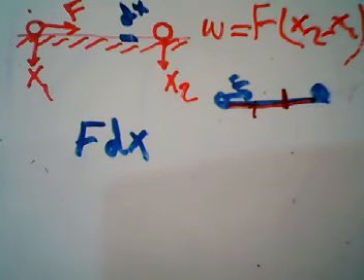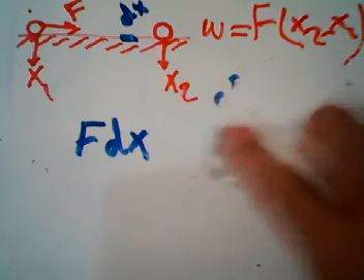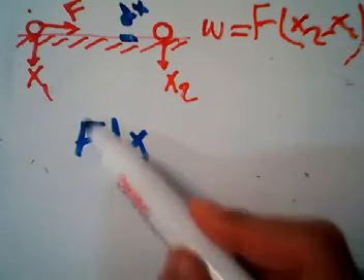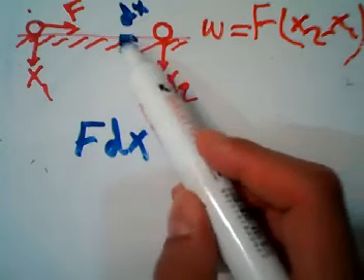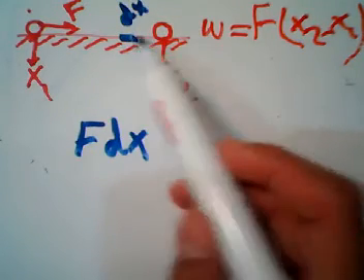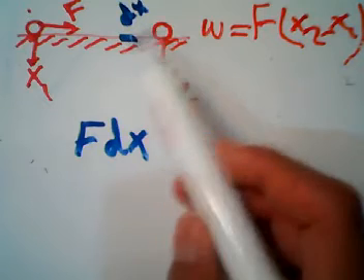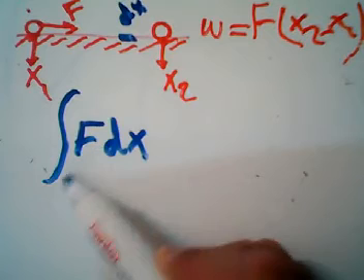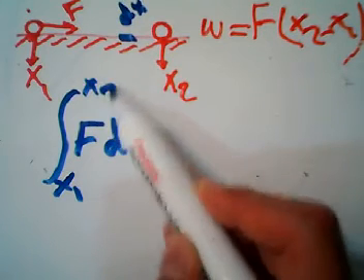Okay, so the whole work would be the sum of the works done over each of the infinitesimal lengths. So that would be the integral of this from x1 to x2.